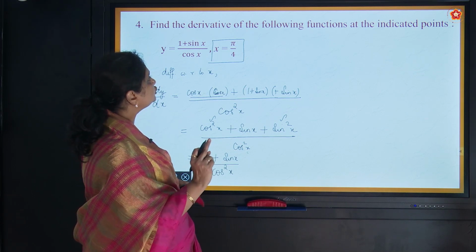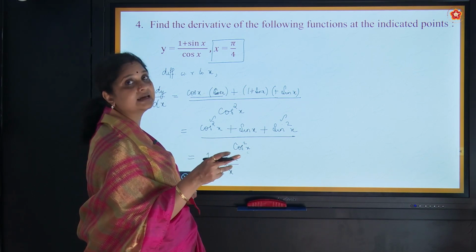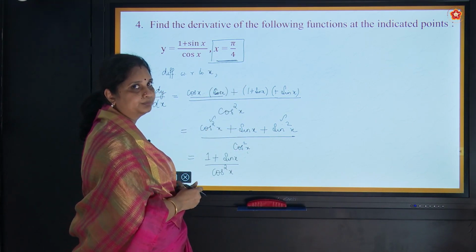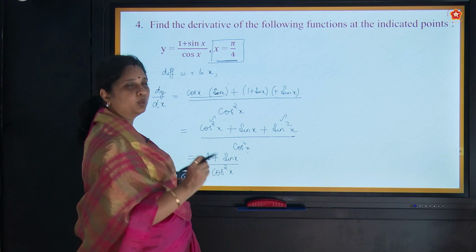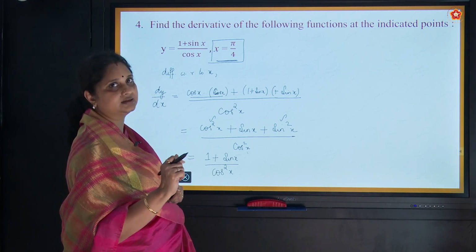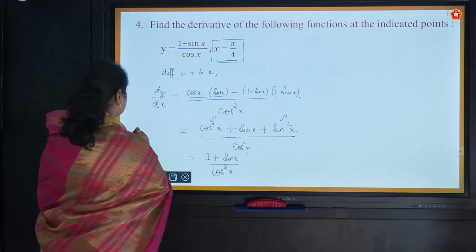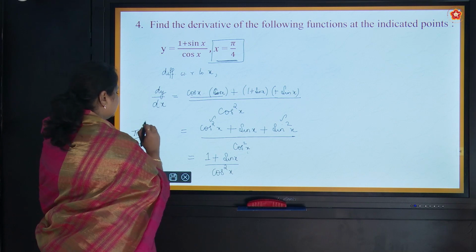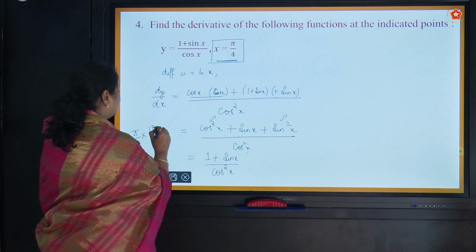Now, we are supposed to find the derivative at the indicated point. What is the indicated point? It says x is equal to pi by 4. What is pi by 4 equivalent value in degrees? It is 45 degrees. How do we do that? A quick conversion into degrees is radians into 180 by pi.